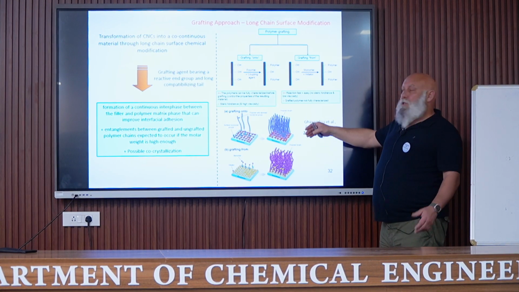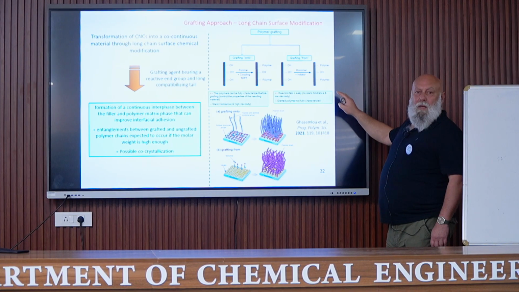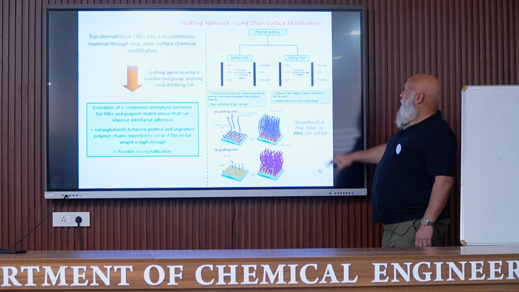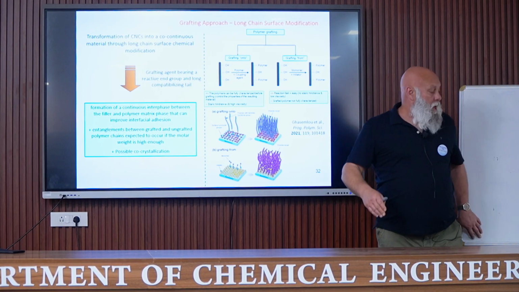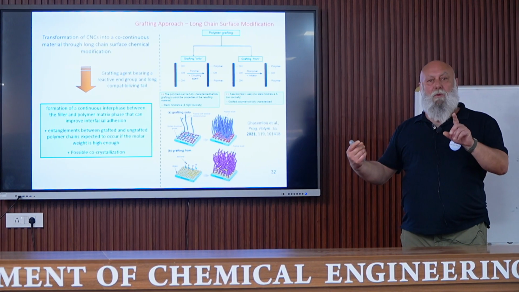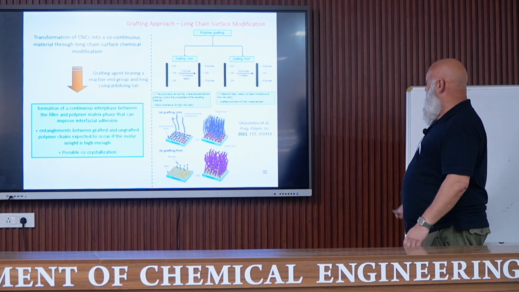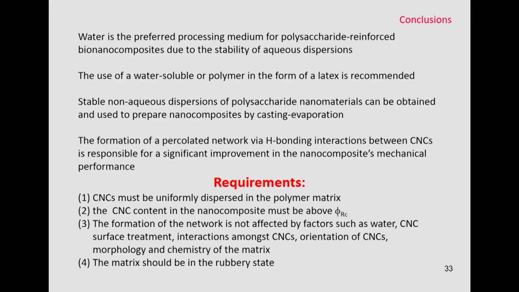Of course, the reaction is faster and easier, with no steric hindrance and low viscosity. But the problem is that the grafted polymer cannot be fully characterized. It's necessary to detach the grafted molecule from the surface and then analyze this material. So, I think it's time to conclude.